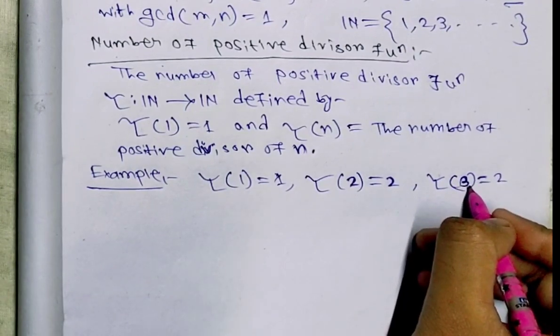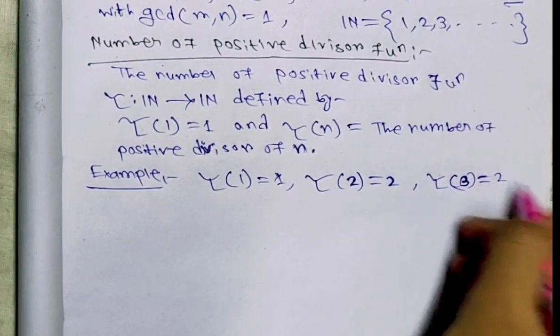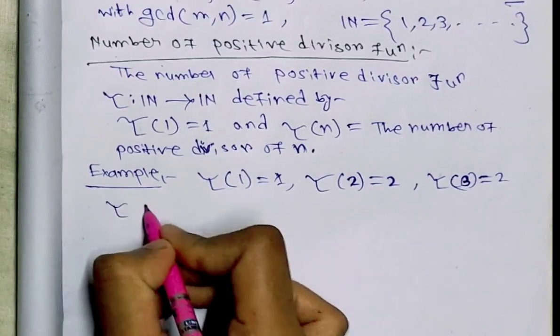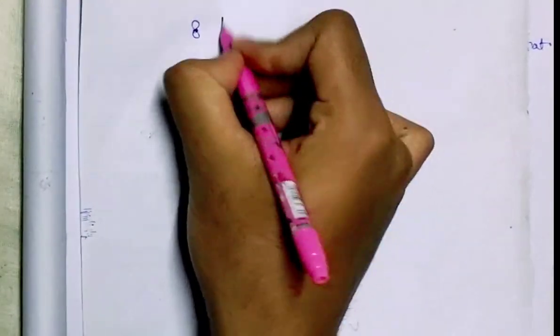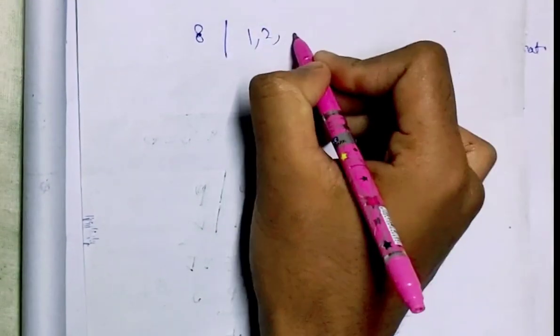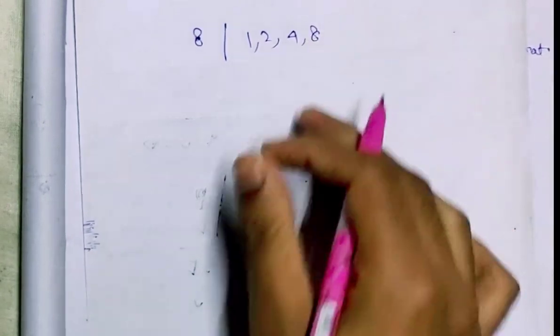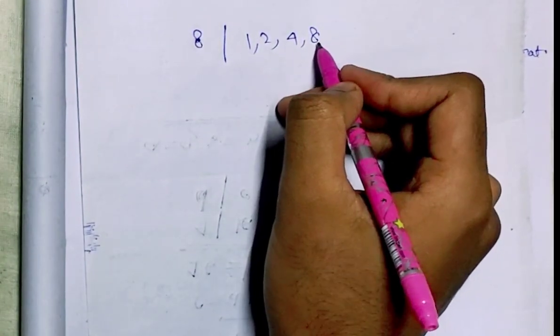Tau of 8 equals 4, क्योंकि 8 को कौन कौन डिवाइड करता है? 1, 2, 4 and 8, so the number of positive divisors of 8 is 4.